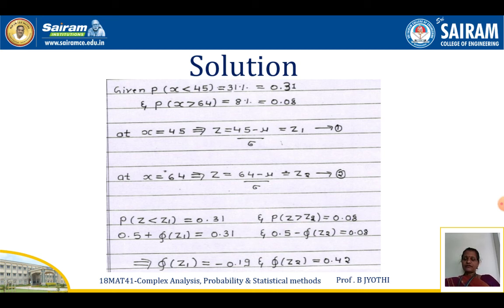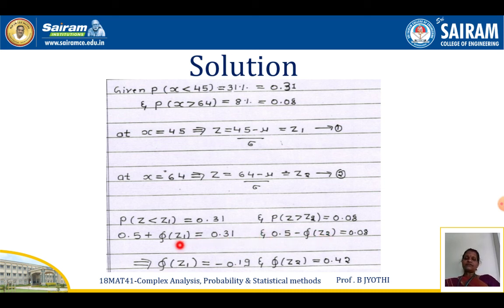So P of z less than z1 is 0.31, which is given here. And another one is z greater than z2, which is given as 8%, that is 0.08. Now since it is less than something, 0.5 needs to be added, and here it is greater than something, so it has to be subtracted from 0.5.